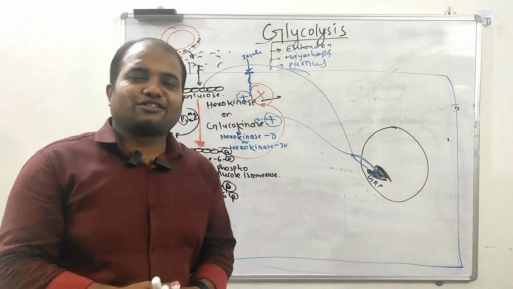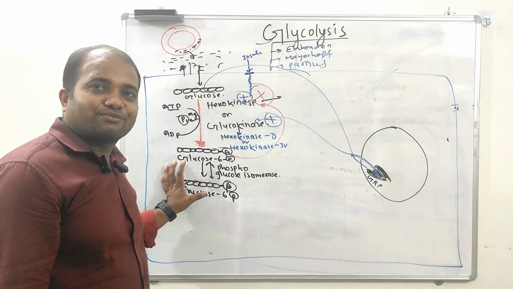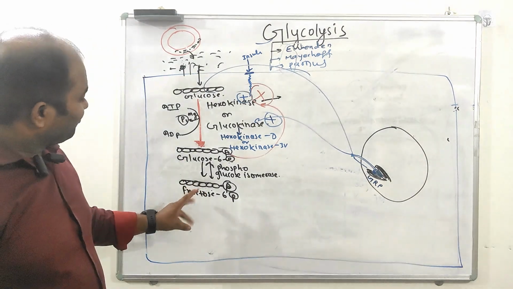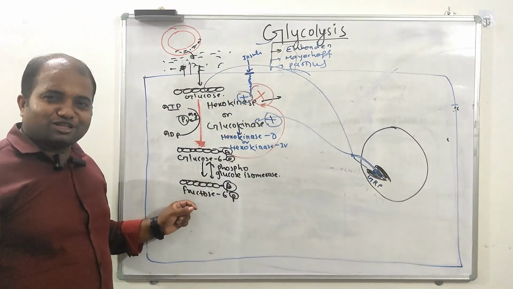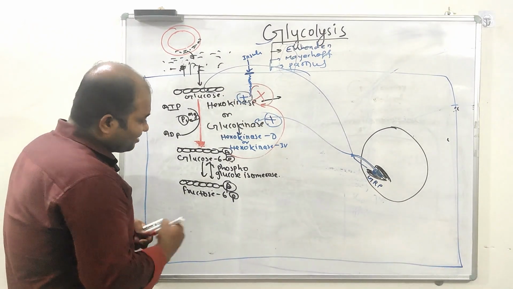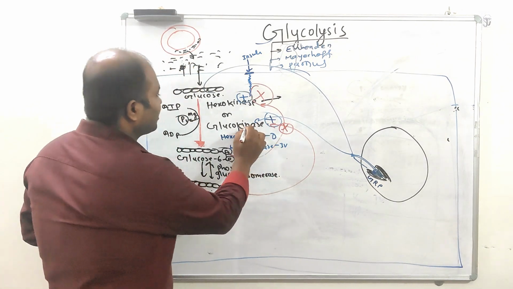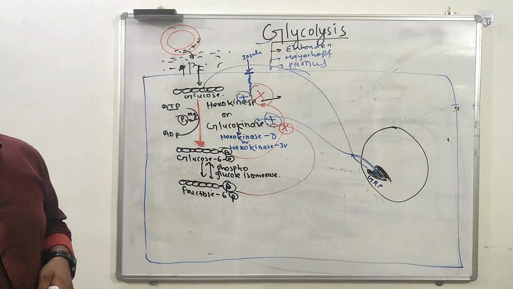The good thing is that there is nothing to remember about this step. But one thing you can remember is that excess production of glucose 6-phosphate can inhibit the glucokinase activity.